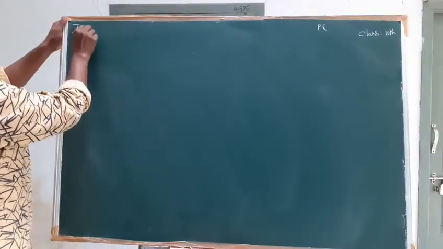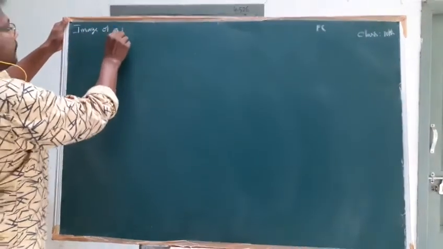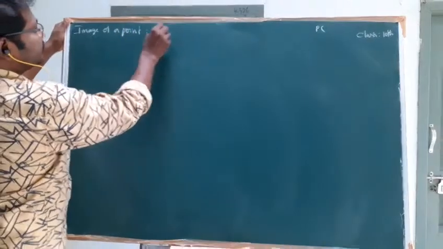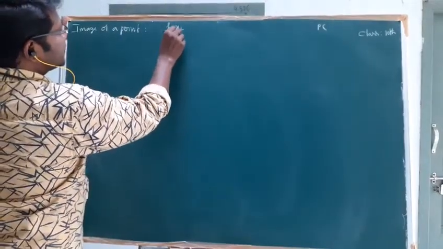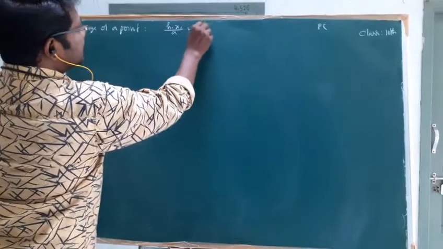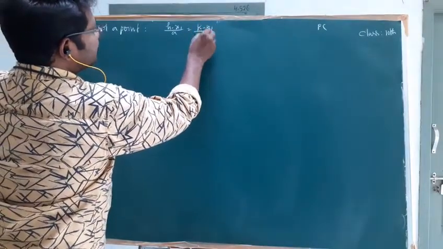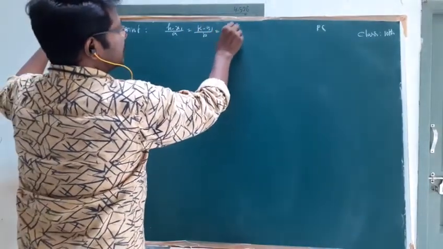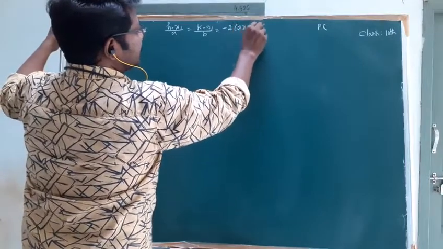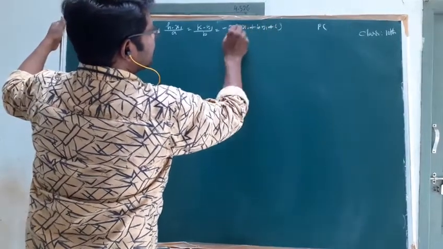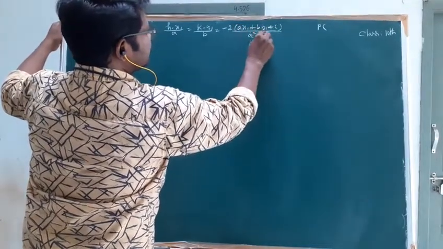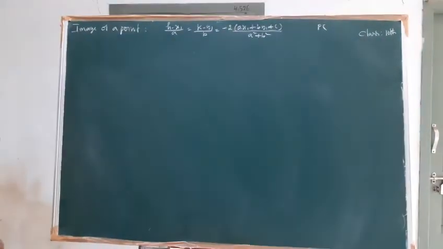Image of a point: (h - x1)/a = (k - y1)/b = -2(ax1 + by1 + c)/(a² + b²). We have to prove this one.